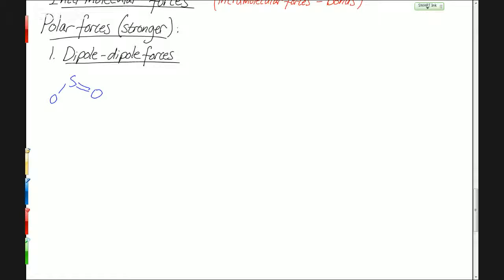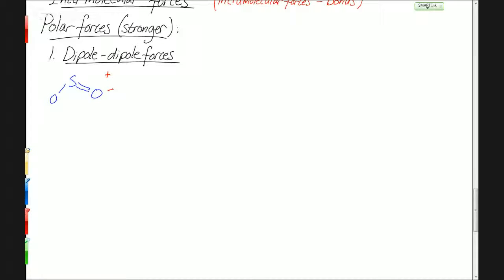We said that this SO2 molecule had kind of a negative side down here and a positive side up here. So that means that that molecule can align with other SO2 molecules so that the positive and negative attract each other. So that looks like this.